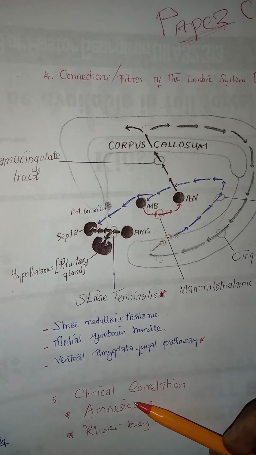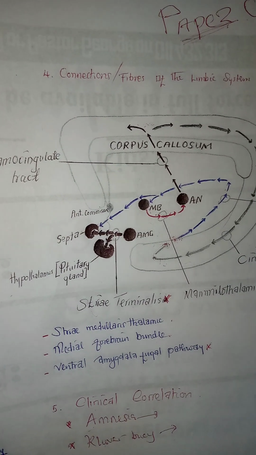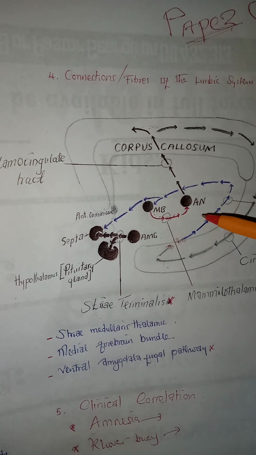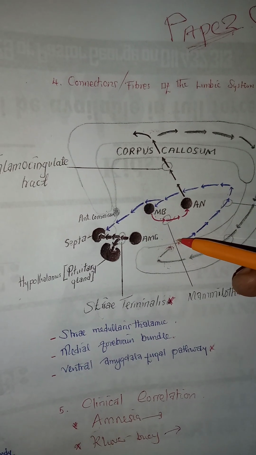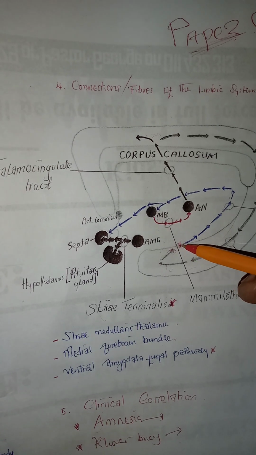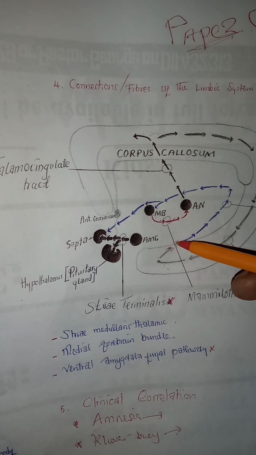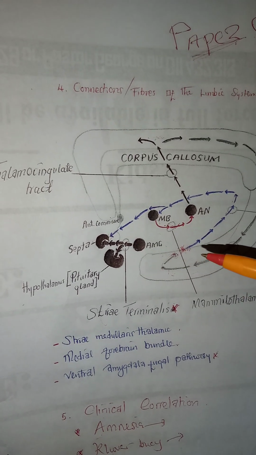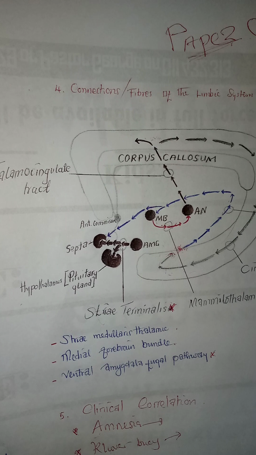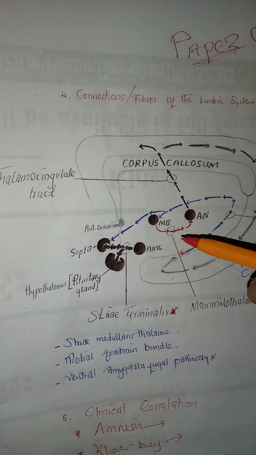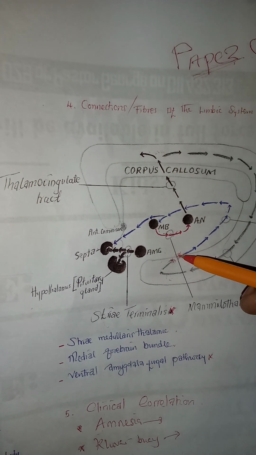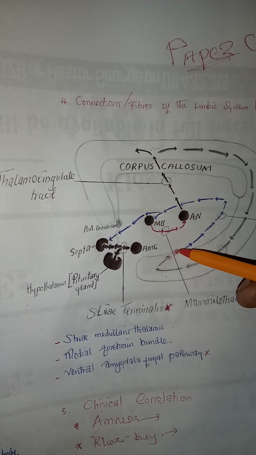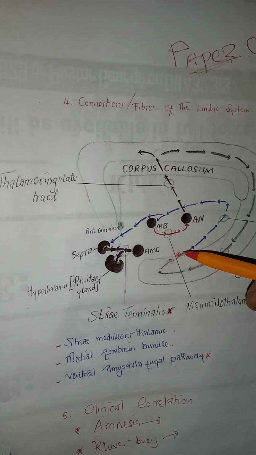Amnesia is a situation whereby there is damage, or rather a lesion, to the hippocampus, because remember we said the hippocampus plays a role in recent memory. Of course, we have the Papez circuit which plays a role in episodic memory. We start with the hippocampus and we end with the hippocampus. But if there is damage to the hippocampus alone, you lose the sense of recent memory.